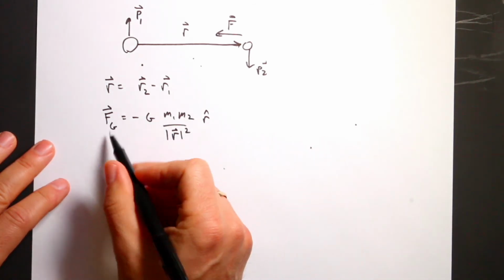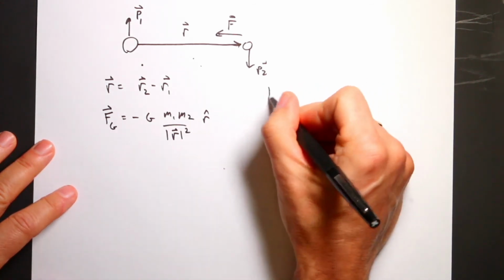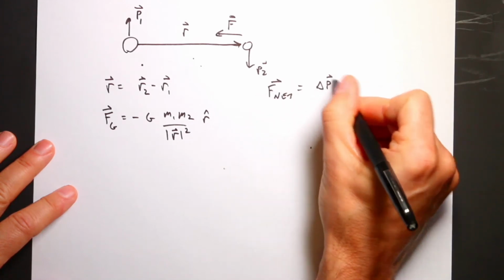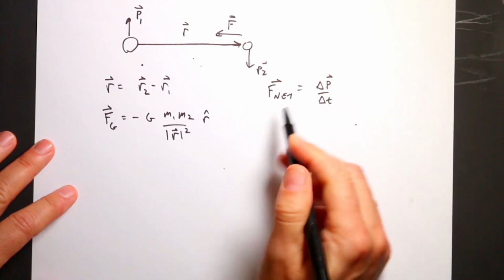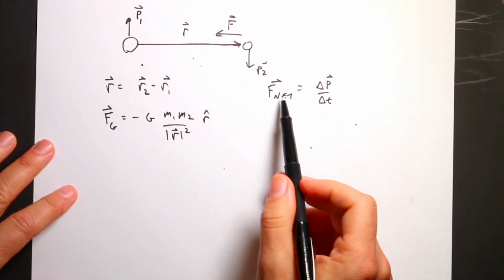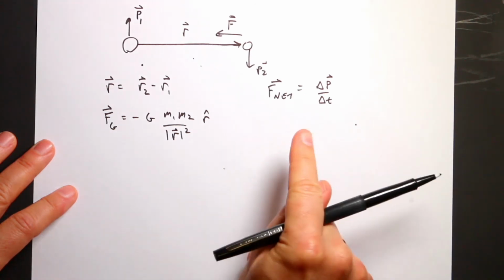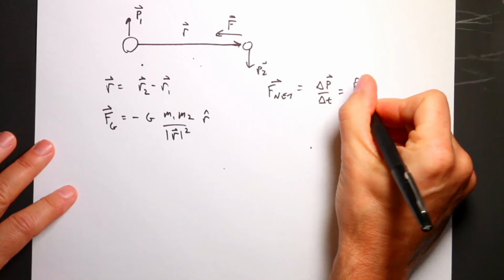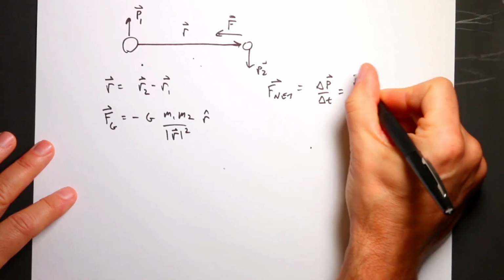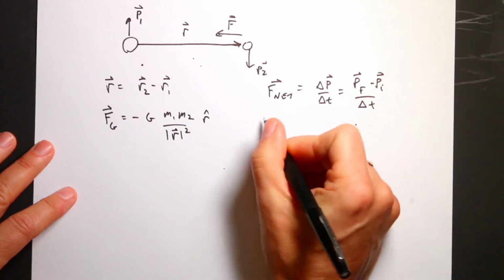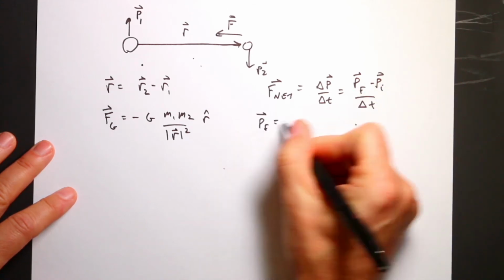After that, I can use the momentum principle. This says F net is delta P over delta T. And if I assume a short time interval, I can assume the force is constant over this time interval, which it's totally not. But I can assume that. If that's the case, this is going to be P final minus P initial over delta T. And I can solve for P final at the end of the time interval.